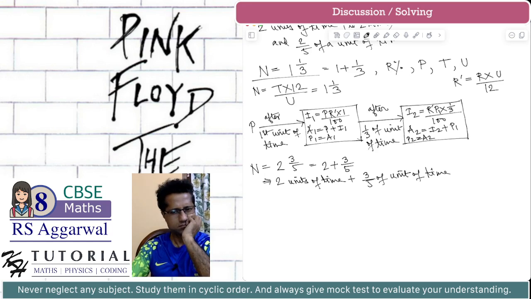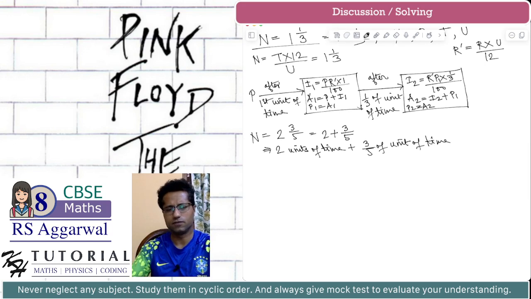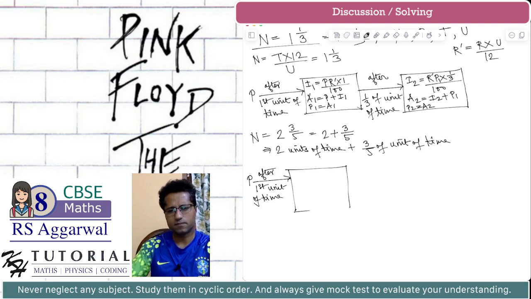Okay, so if n is 2 plus 3/5, let's see how the calculation of interest will work. So we start with P, and then after the first unit of time, which means one complete unit of time, we will calculate the first interest.